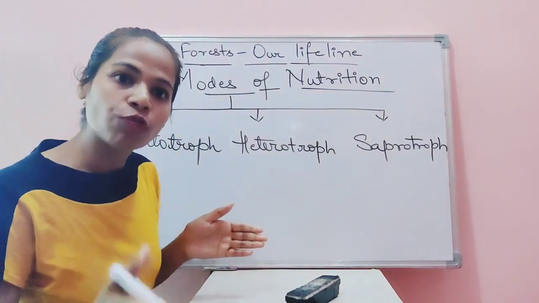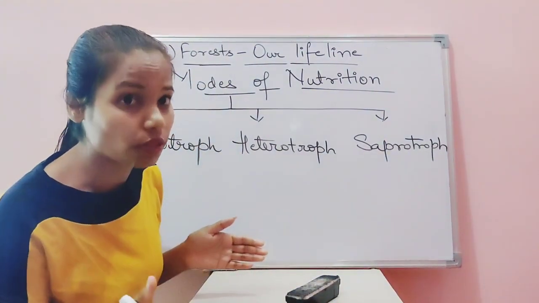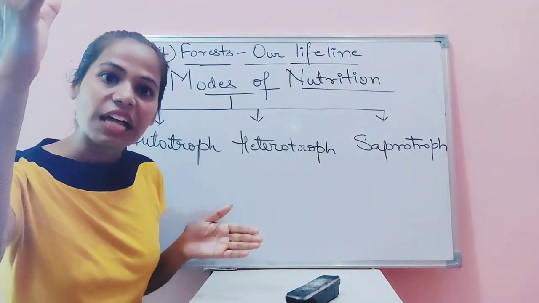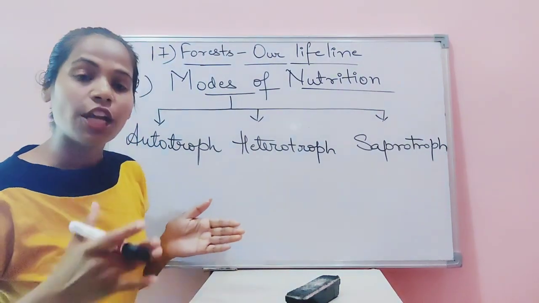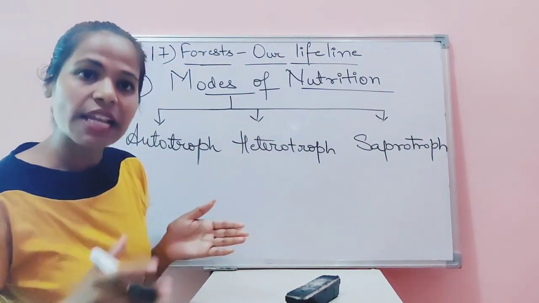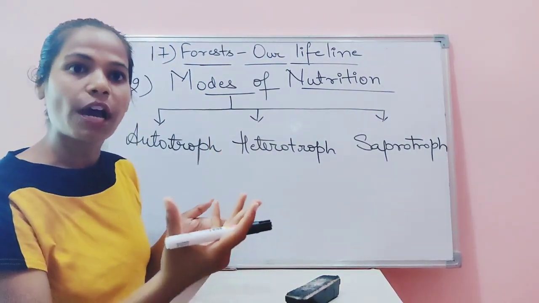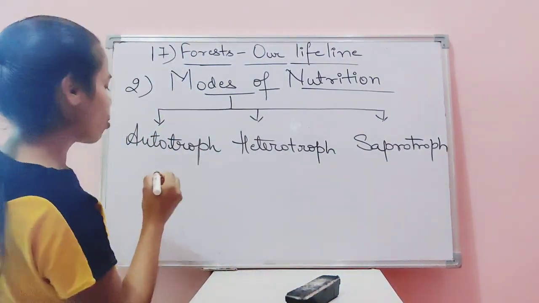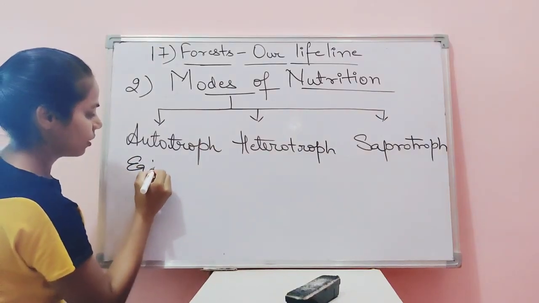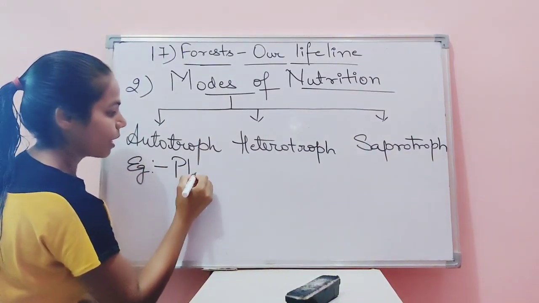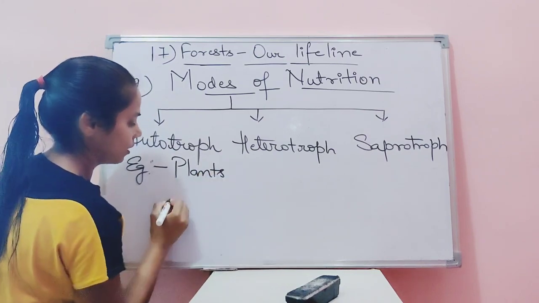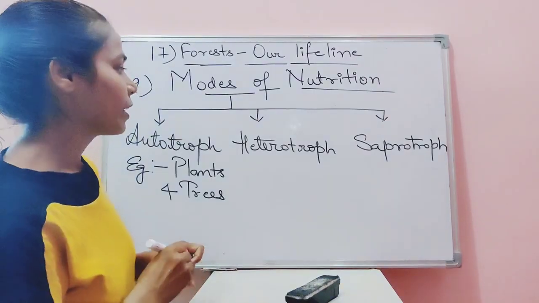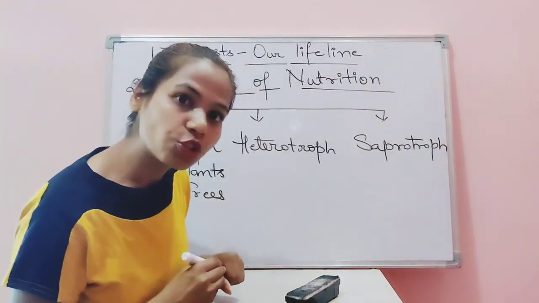Plants make their own food with the help of the process of photosynthesis, under which they use sunlight, carbon dioxide, nutrients and water from the soil, and in the leaves of the plant they make their own food. So autotroph nutrition is done by plants and trees.